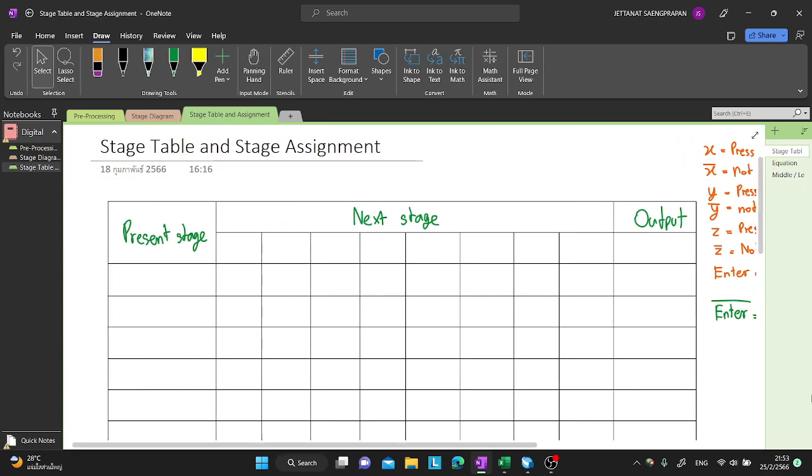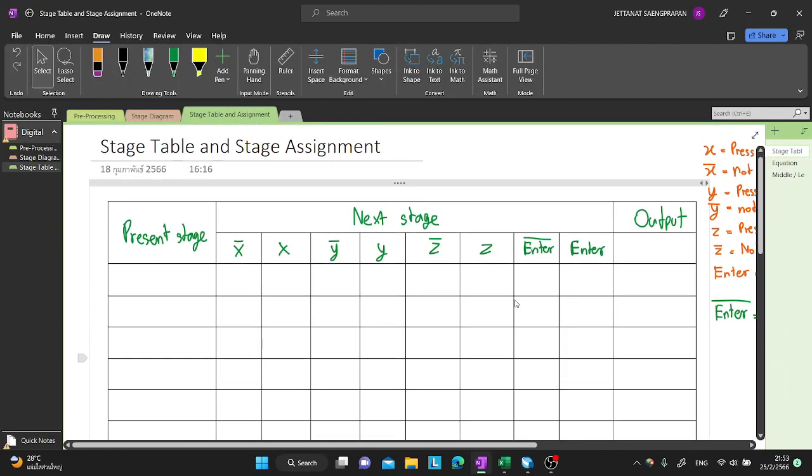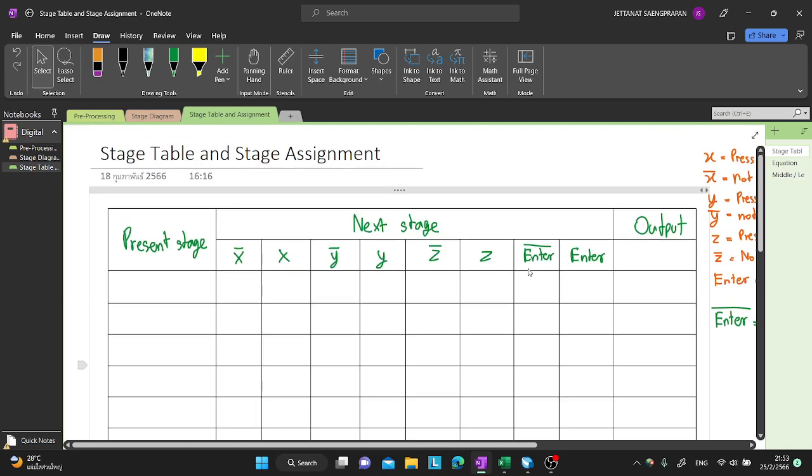So how can I write the state table? Okay, so the table is ready to write.